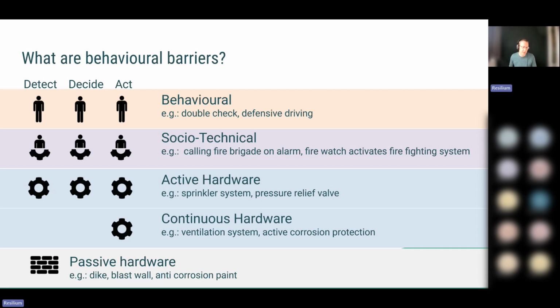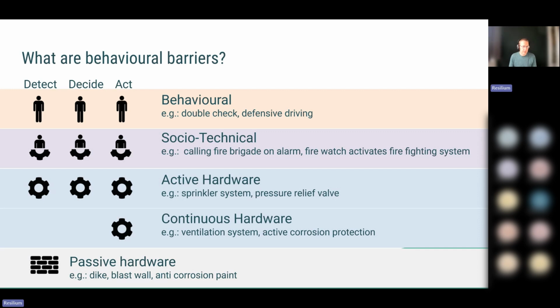The passive hardware is a little bit similar to continuous hardware, except that you can't turn it off. So it's a dike or anti-corrosion paint. These are things that you just apply and you build them, and you can never turn them off. And they also don't detect anything. They just sit there being a dike. The difference with continuous hardware is that you can turn those off.